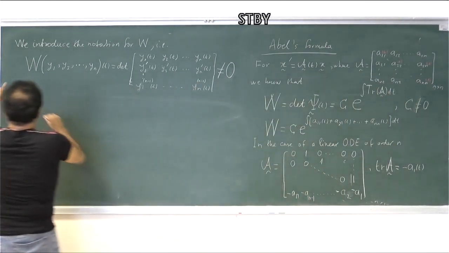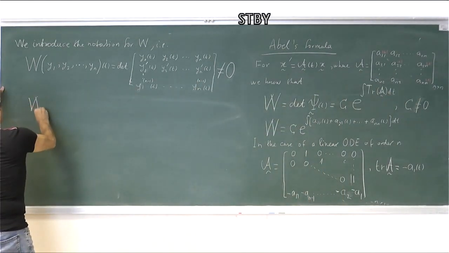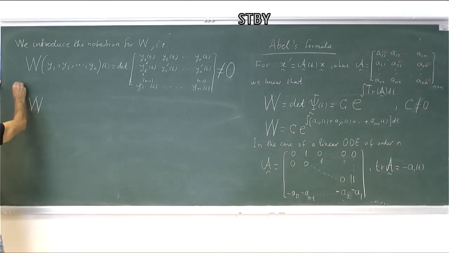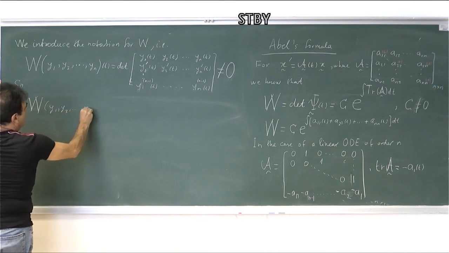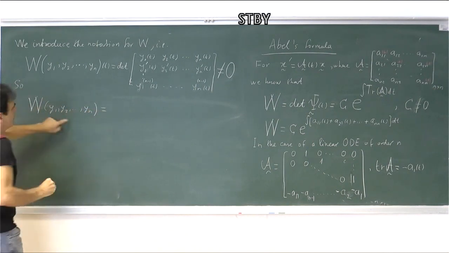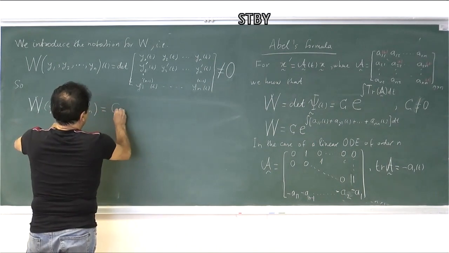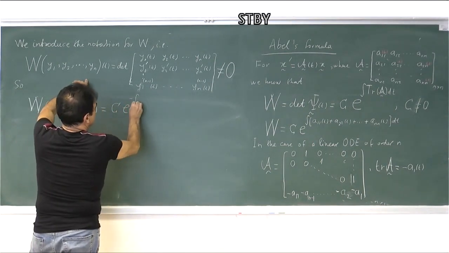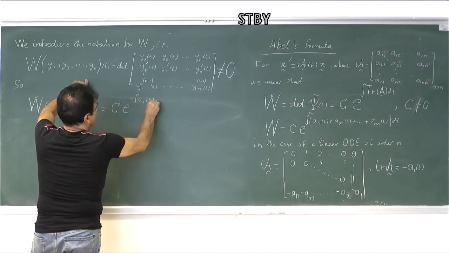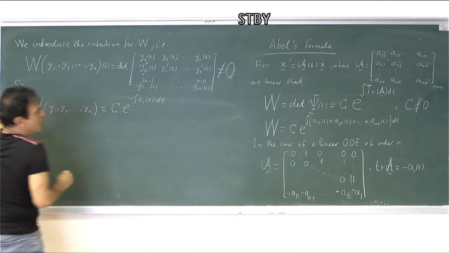Therefore this Wronskian determinant of y1, y2, yn has the form C times e to the power integral of minus A1 of t dt.